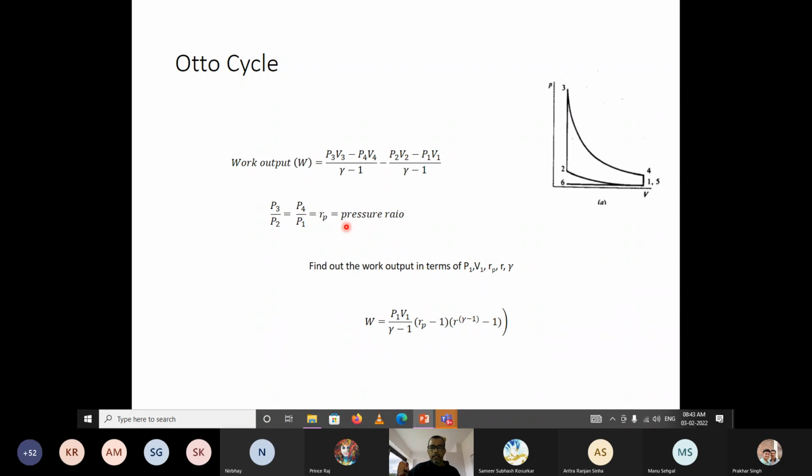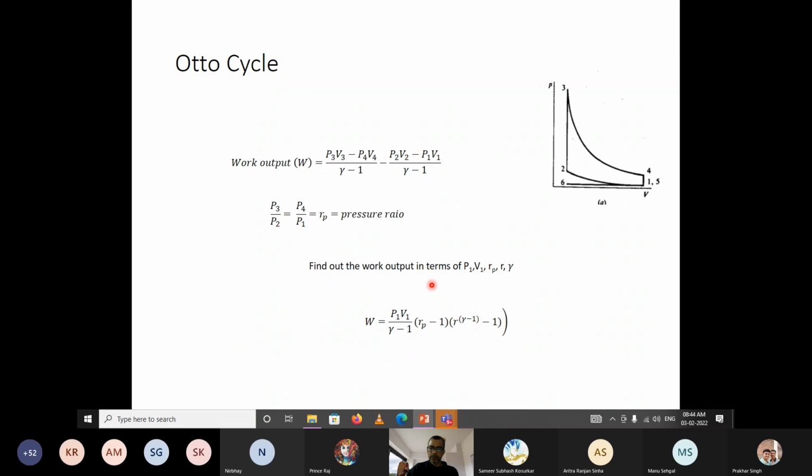Then put this value of rp and find the compression ratio. Then it is possible to restructure this equation in terms of rp, r, P1, V1. And finally the work output is defined by these equations when you reorganize all the parameters: P1V1 divided by gamma minus 1, times (rp minus 1), where rp is the pressure ratio, times (1 minus 1 divided by r to the power gamma minus 1).